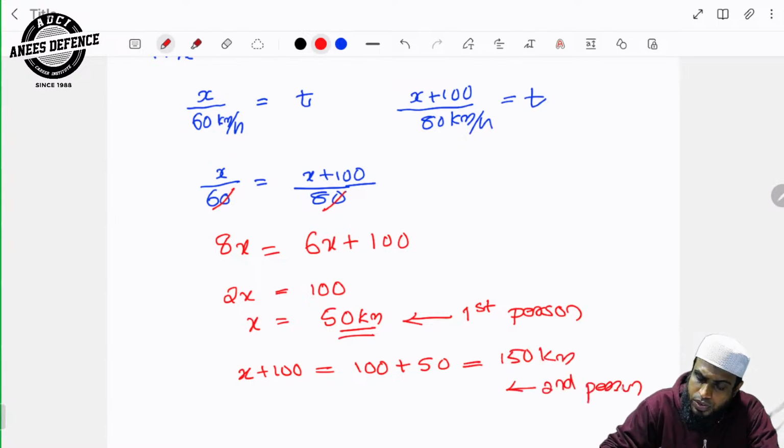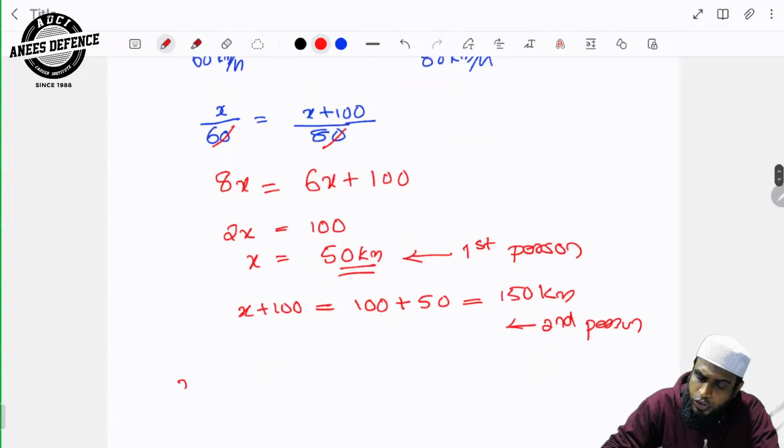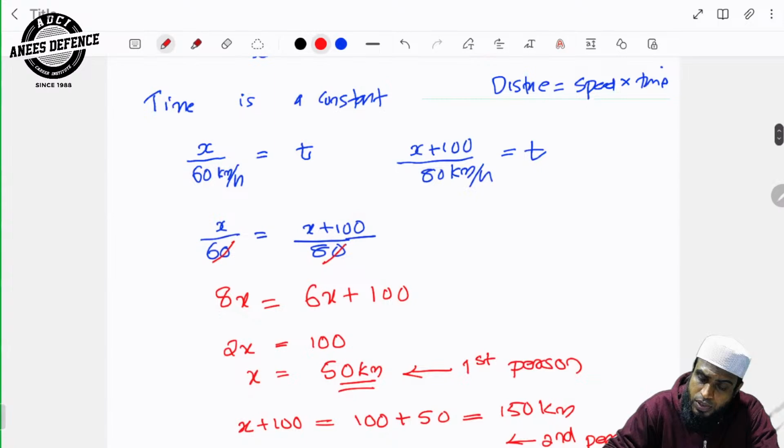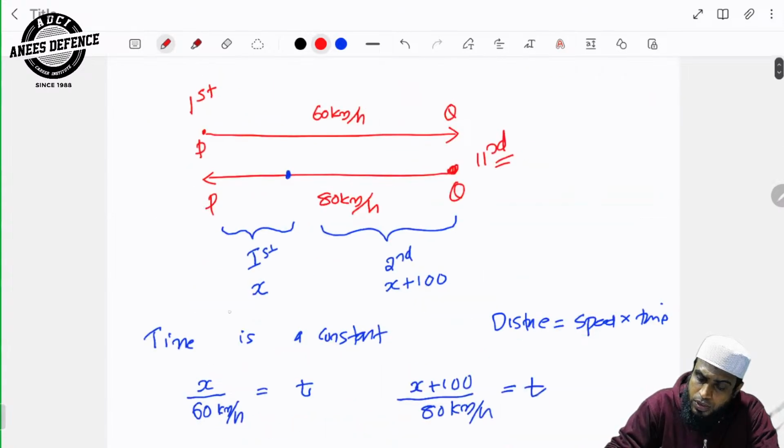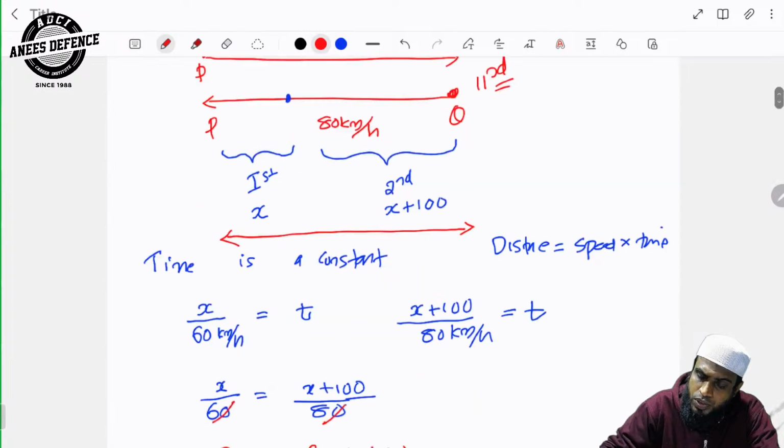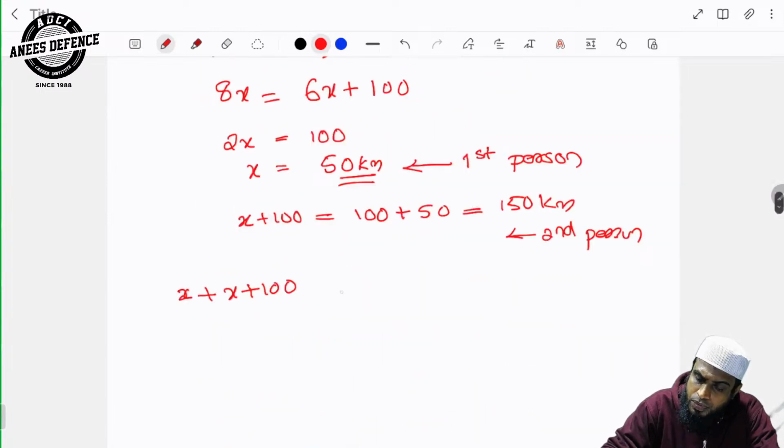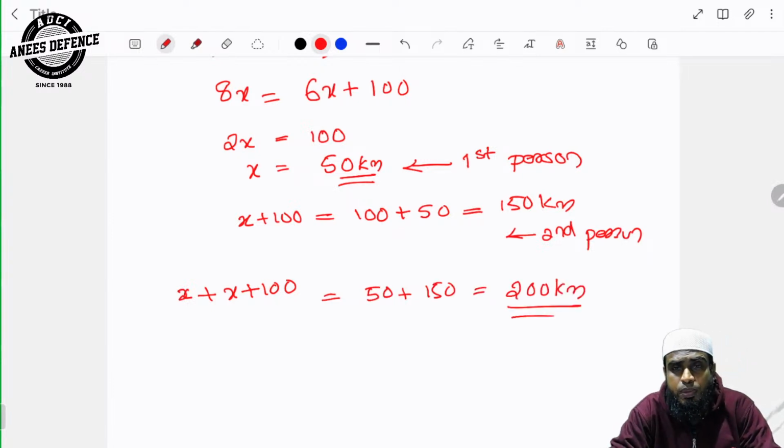Here you can see the total distance is 50 plus 150. So answer will be 200 kilometer. That is the distance between the 2 points P and Q.